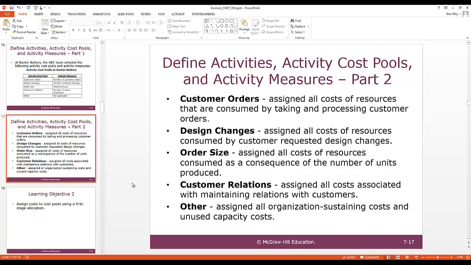The order size cost pool is going to be assigned all costs of resources that are consumed as a function of the number of units produced. So that is driven by volume. Our customer relations cost pool, we're going to assign all costs associated with simply maintaining relations with customers to that pool. And then again, our other cost pool is going to be all those organization sustaining costs and our unused capacity costs.